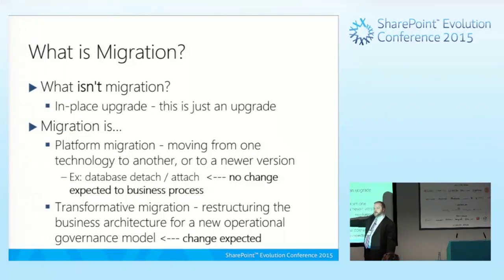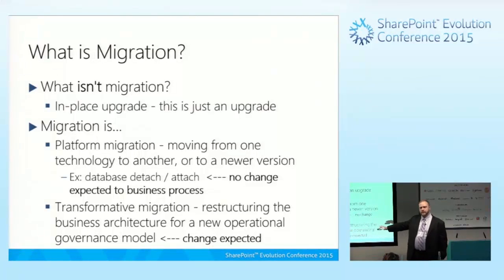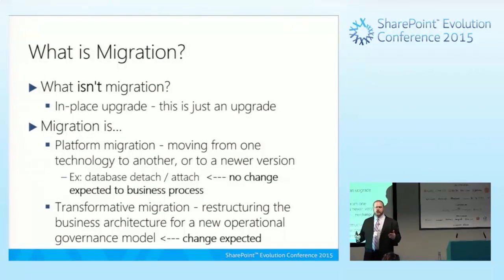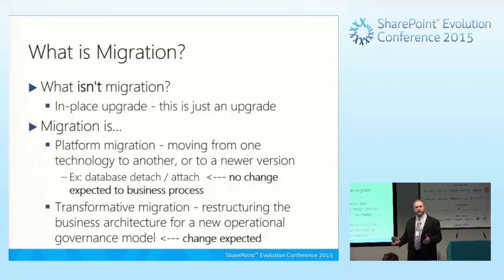Migration actually is one of two general categories, right? We're talking about a platform or a transformative. A platform migration is when you're talking about pulling data out. You're extracting databases, you're extracting data constructs, and you're moving them to a new place, a new location, a new farm, moving it from on-premises or into the cloud, or from the cloud, Azure or AWS or whatever, into 365.